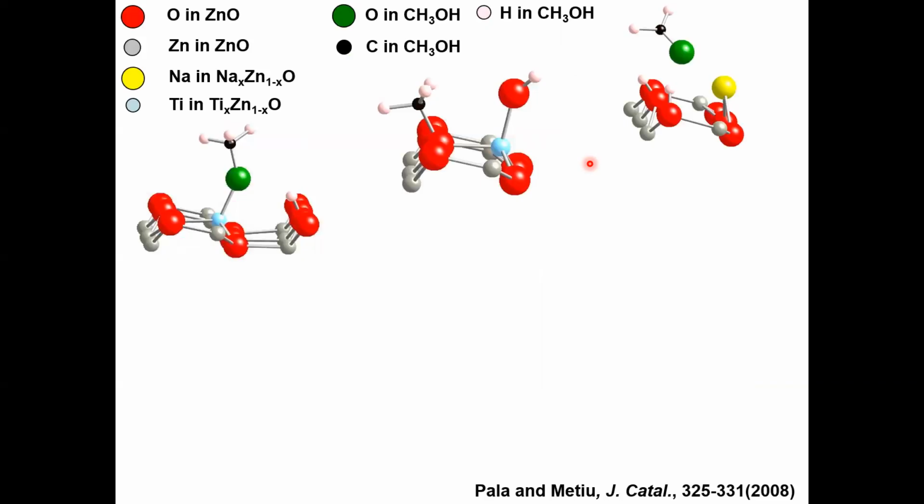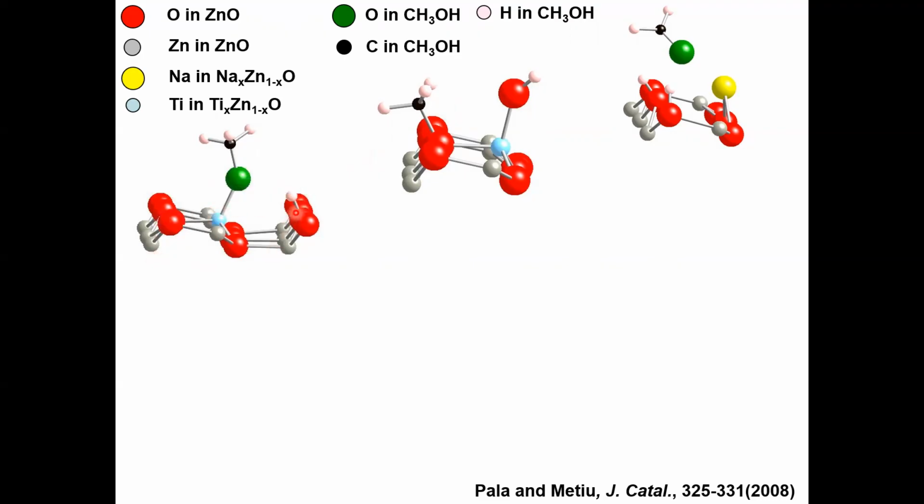For example, when I have methanol, methanol can dissociate in different pathways. CH3OH, I can dissociate the OH bond, or I can break the CO bond. So I have a methoxy radical, and the H that came from the OH bond is adsorbed here.